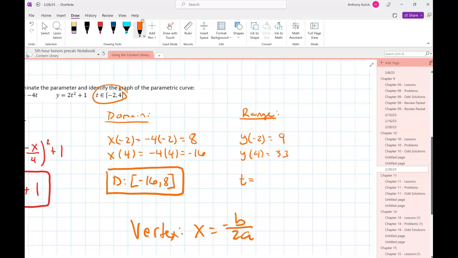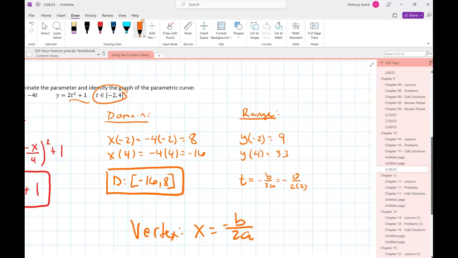So my t value is going to be -b/2a. What's the value for b on that quadratic? 0. What's the value for a? 2. And what would the c be? 1.